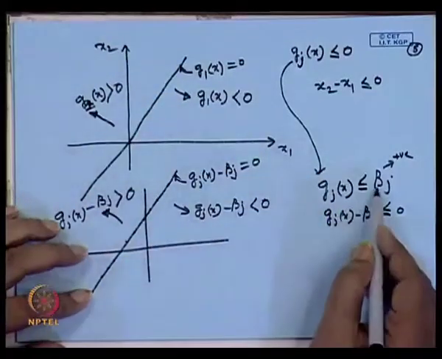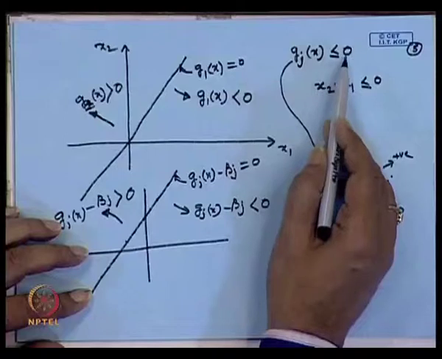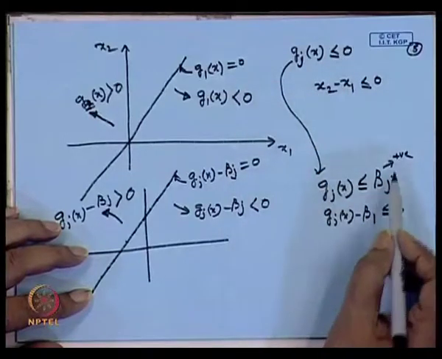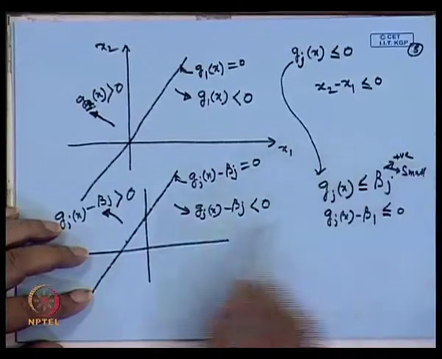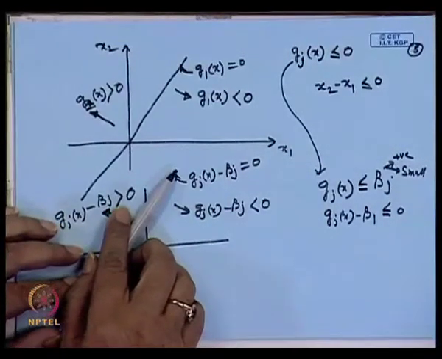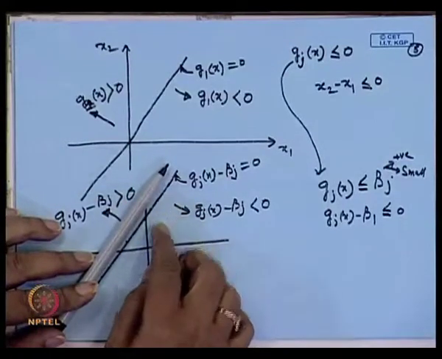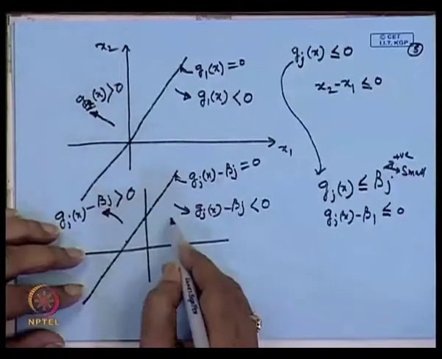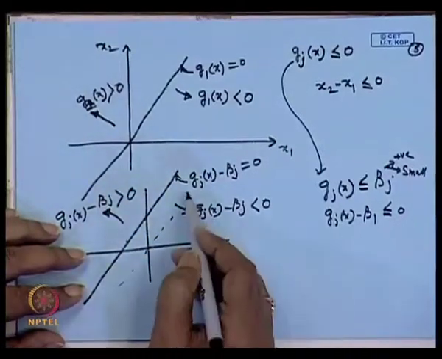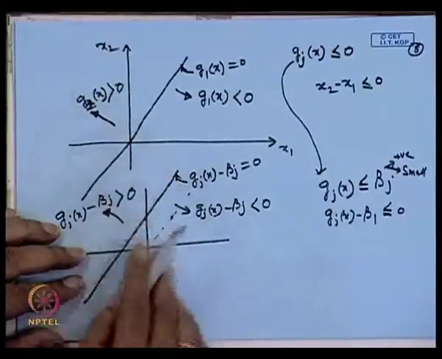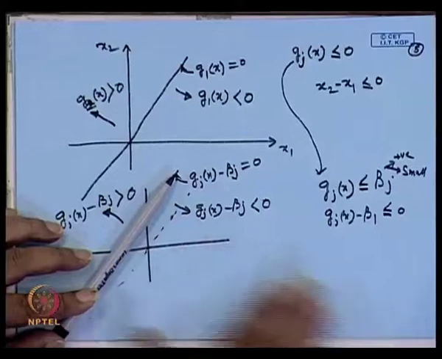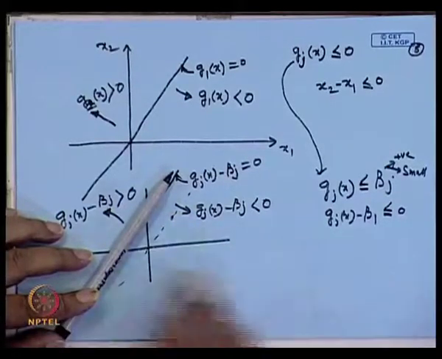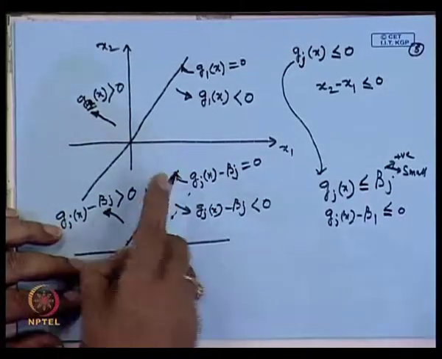Now, when you put this perturbation with a beta j, which is a small quantity, a small variation, you see our design space or search space is increased. Previously it was from here, now it has become from here to the whole right portion of that straight line, below this straight line. So, our search space is increased.